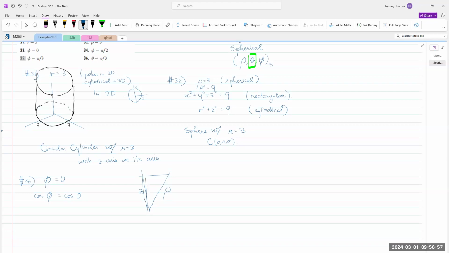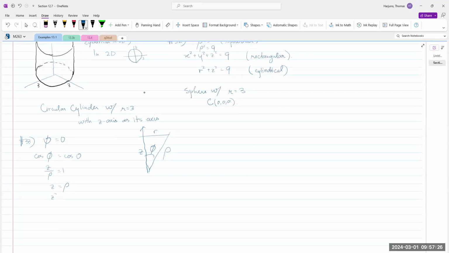This is the z-axis here, this is the phi, and this is the r. If we use cosine, that will be z over rho equals 1, or z equals rho, which means z squared equals rho squared, which is x squared plus y squared plus z squared.